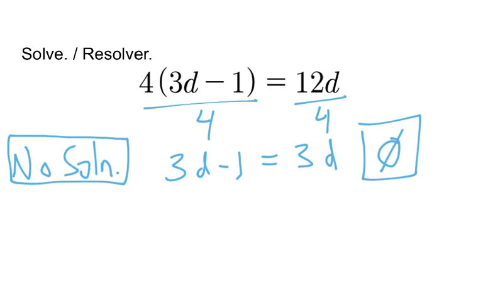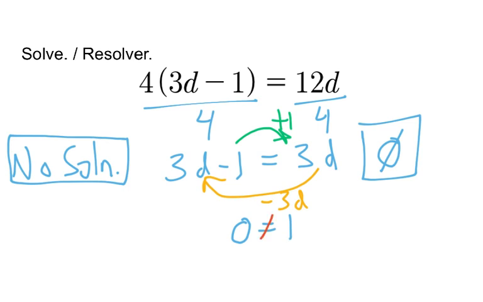Now, to show you how this is the correct conclusion, I will go ahead and do the rest of the algebra, which is not necessary, but I'll do that to combine the like terms with the variable d, and then I'll move the constant to the other side. And so on the left, 3d minus 3d is nothing. And then on the right-hand side, 1, and that's never true. So that's where we get our no solution.